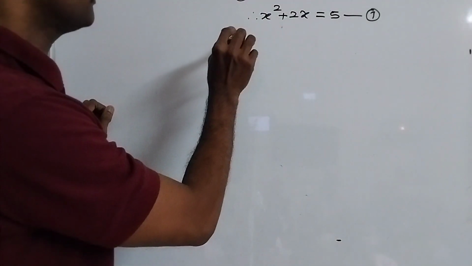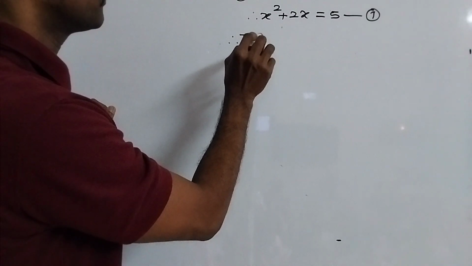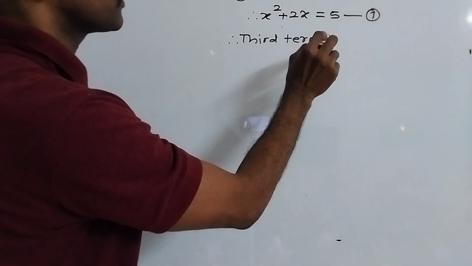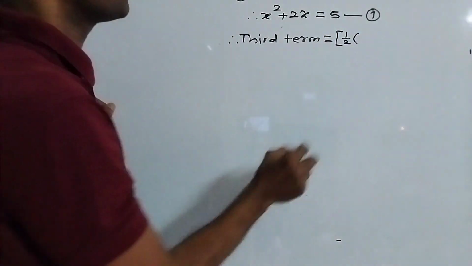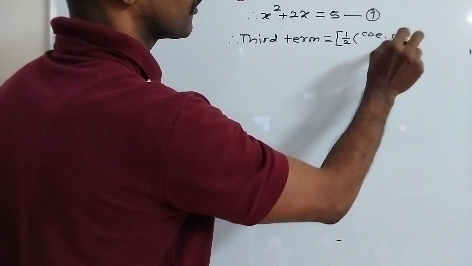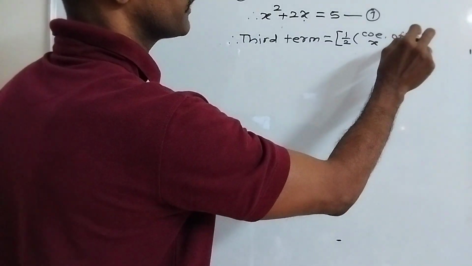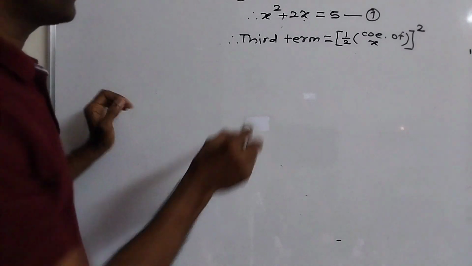Now here we use the formula. Third term is equal to square bracket 1 upon 2 into coefficient of x, bracket square. This is our formula.